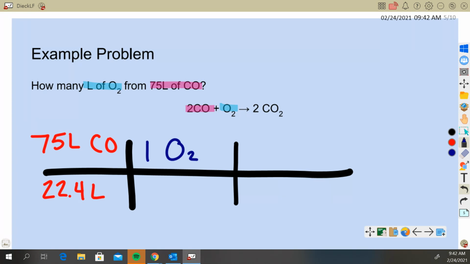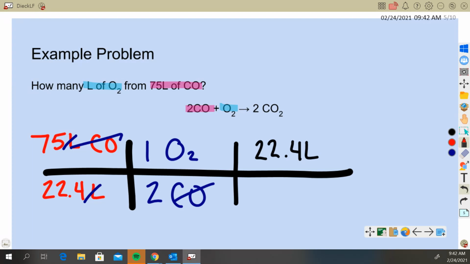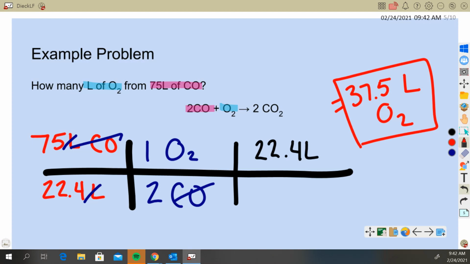We were given CO, so we're going to have 2 moles of CO down below. CO will cancel out. Liters also cancels out. The last step is to multiply times 22.4 liters. And the answer you guys should have ended up with is 37.5 liters of oxygen gas. Is that what we all got? Yes. Amazing.